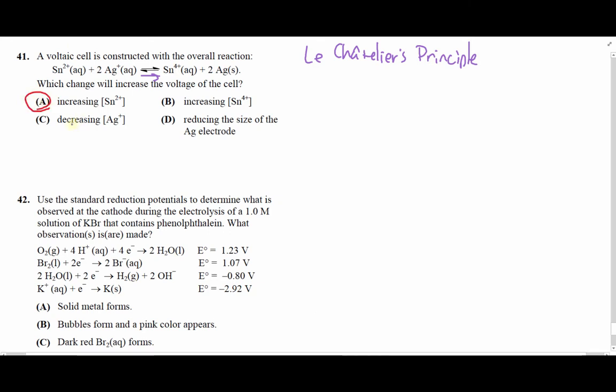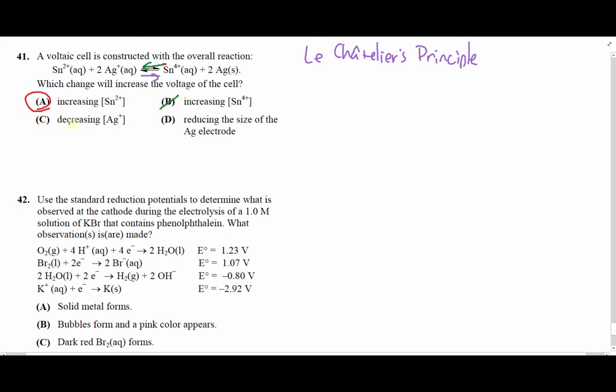Now you can contrast the other choices again by using Le Chatelier's principle. When we increase the tin 4+, it's going to favor the reverse reaction, and that's going to deter the driving force of electrons, and therefore cause a decrease in our voltage. So B is out.